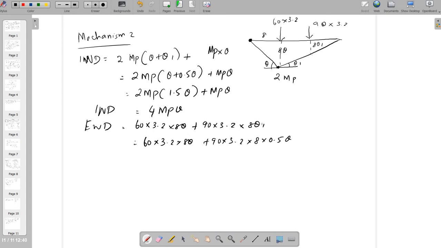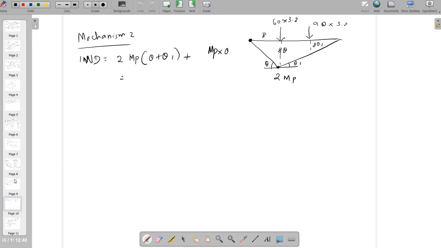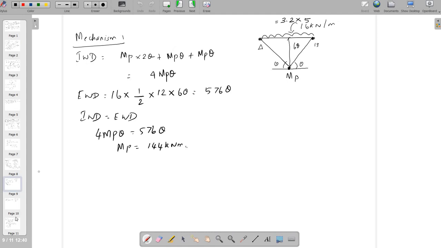Instead of theta 1 we can substitute 0.5 into theta. So totally the external work done is 2688 theta. When you equate internal work done to the external work done, 4 MP theta equals 2688 theta, the MP value is 672 kilonewton meter. So using the second mechanism, the moment of resistance is 672 kilonewton meter. From the first mechanism, it is 144 kilonewton meter.